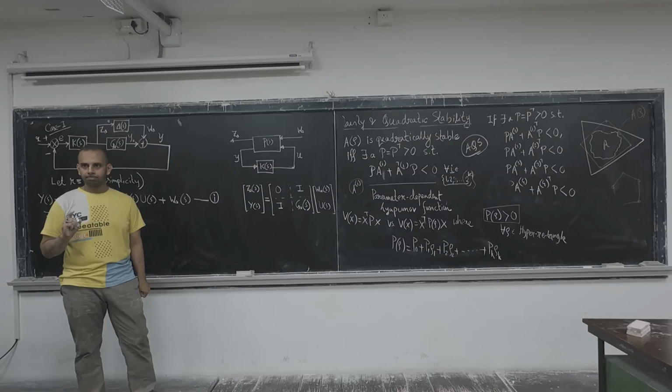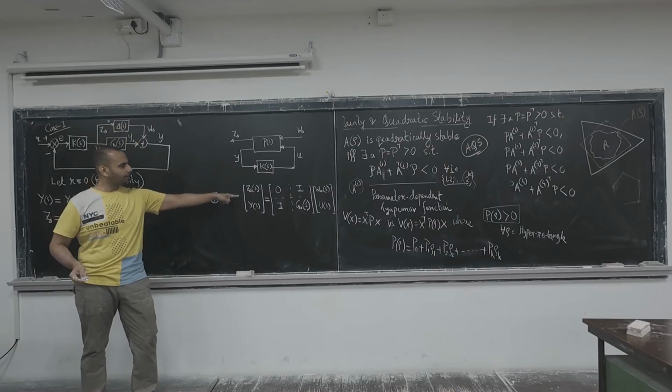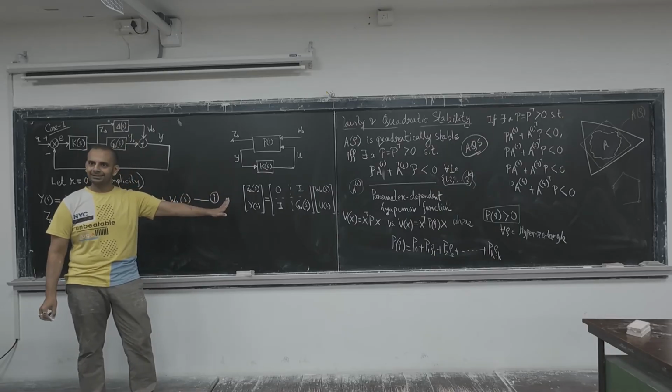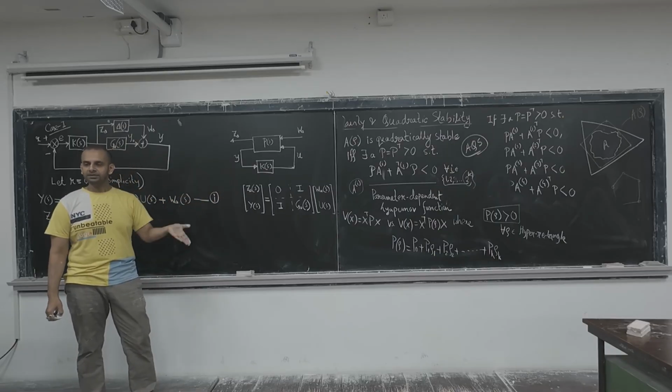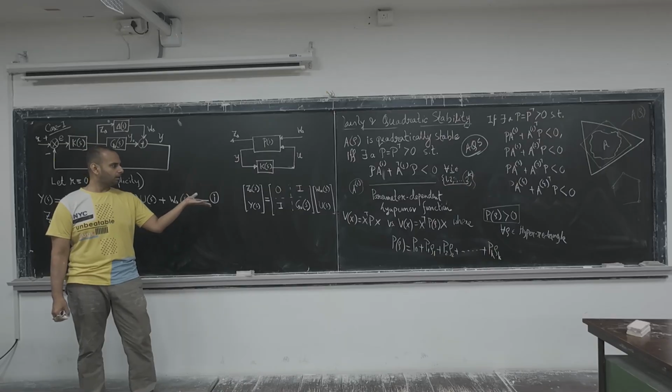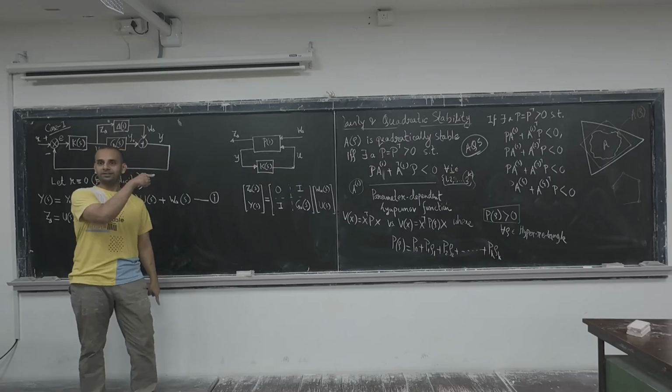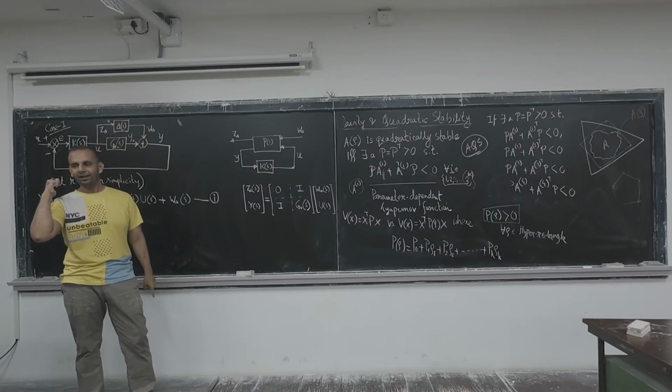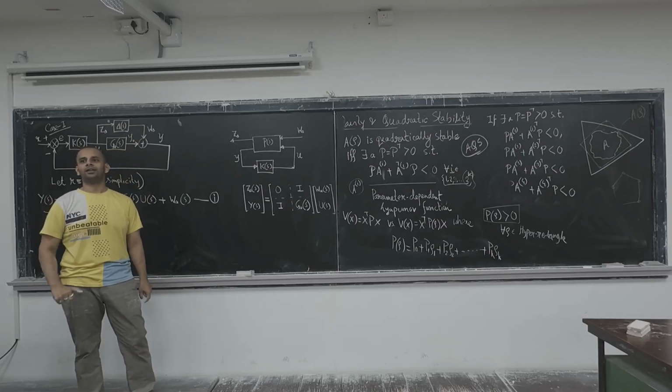Because we don't have the function as scalar. Here you have been able to express it like that, but at the same time a doubt may arise that in this diagram K of S is there, but whatever we have written so far, K is not there.